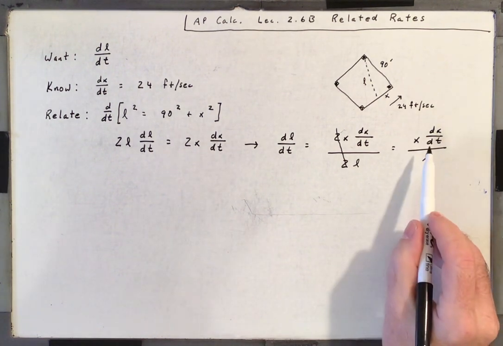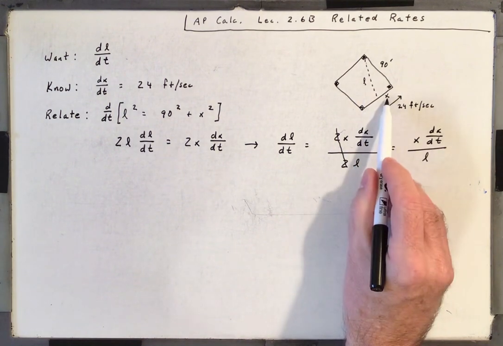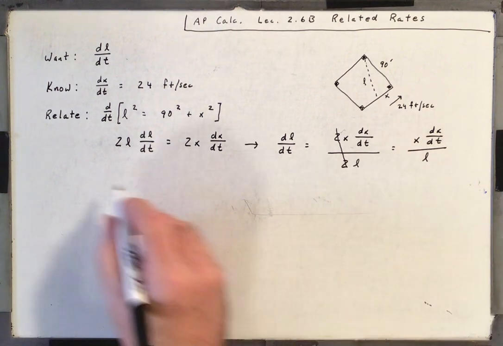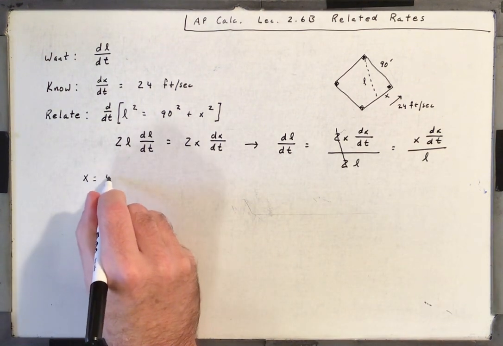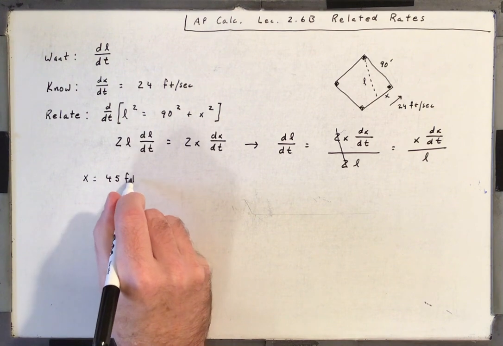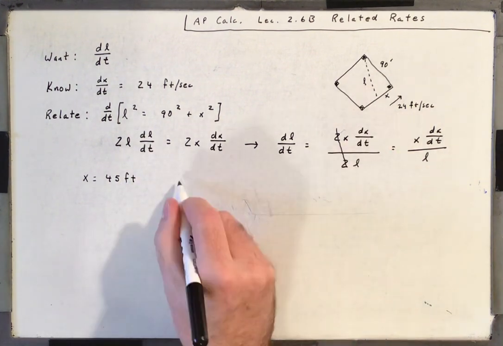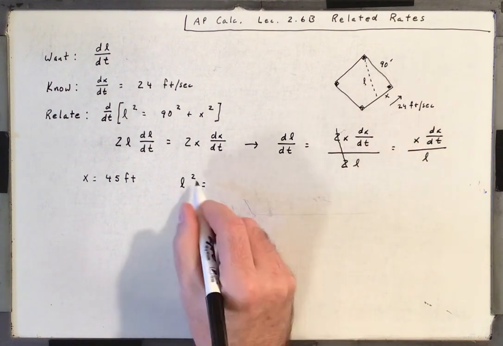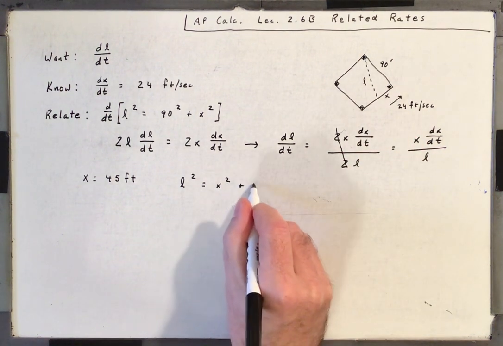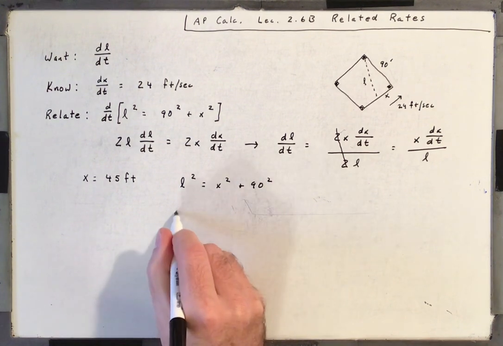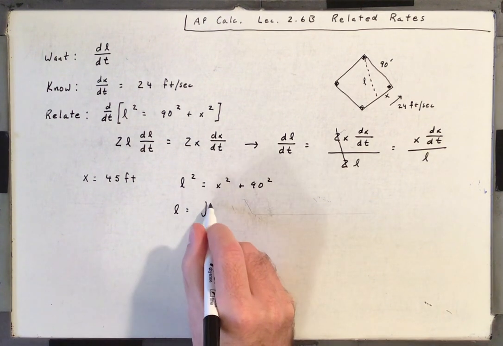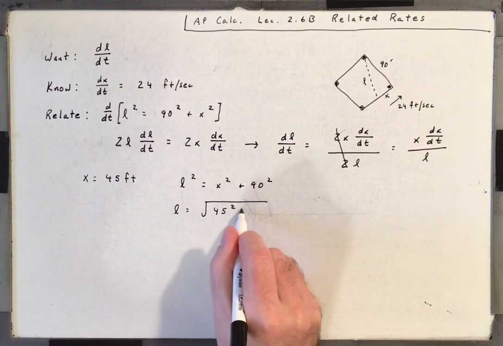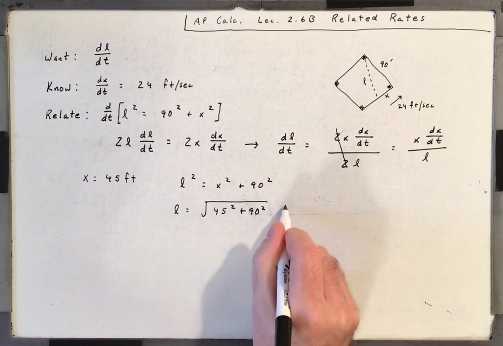Now we should be able to figure out x and L. We know that x, it's when the batter is halfway. So x has to be 45 feet. We can get L because we know L squared is equal to x squared plus 90 squared, right? So L is equal to the square root of 45 squared plus 90 squared.